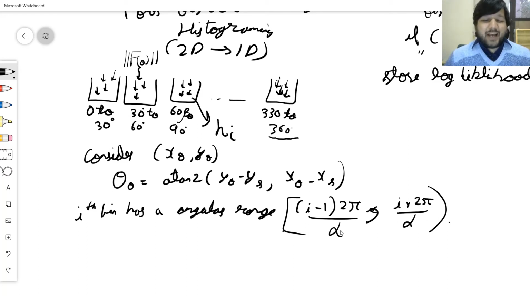So alpha is the resolution. Here I had divided into 360 divided by 30, 12 bins. So in general, I divide it into alpha bins. So I find out where it belongs. Let's say this was 75 degrees. Does 75 come in this range? No. This range? No. This range? Yes. So I'll put F_o over here.